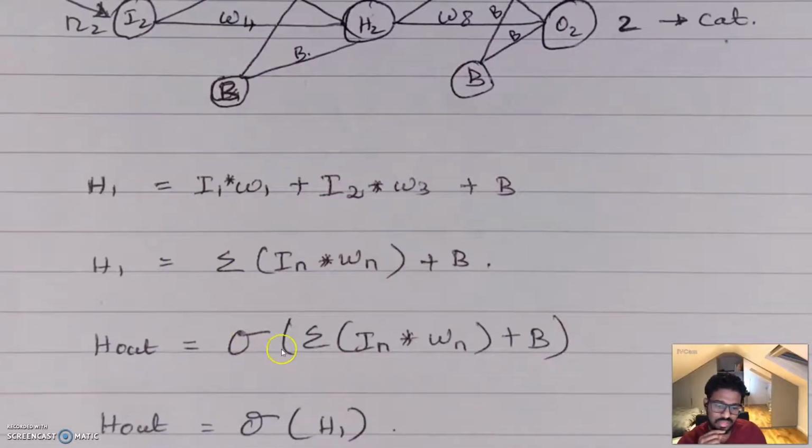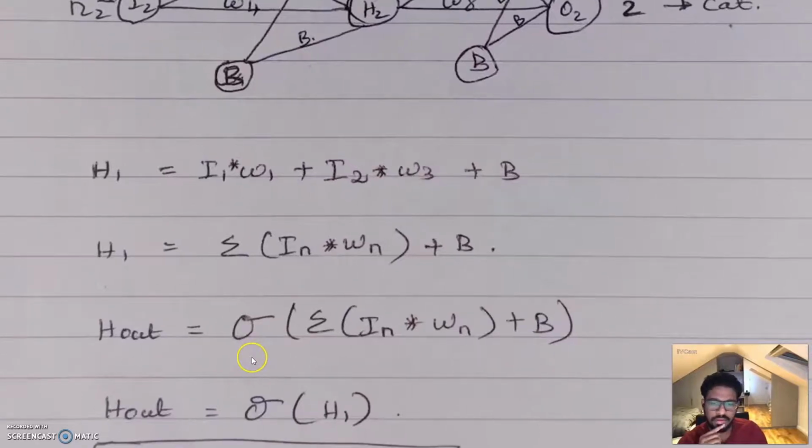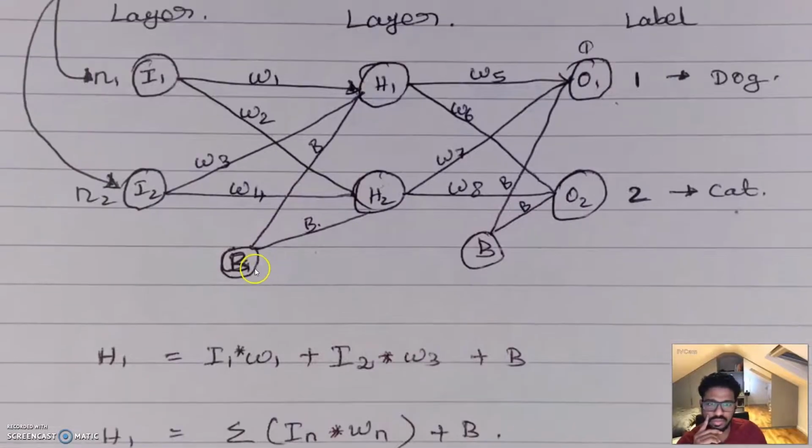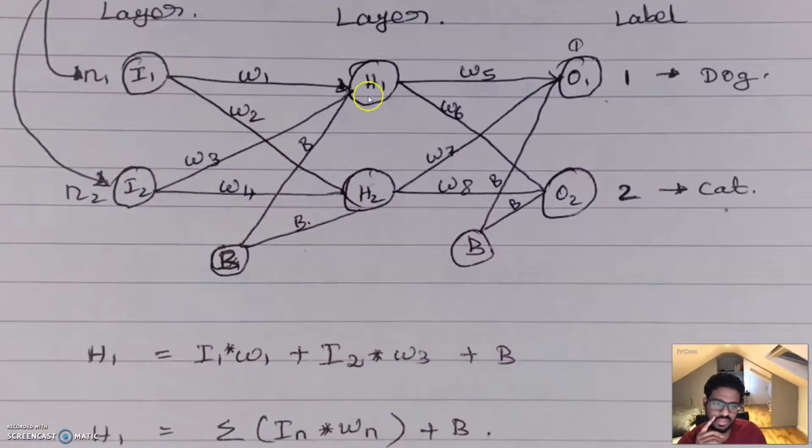Here we are using the sigmoid function as an activation function. The activation actually triggers this neuron to activate the other layer's neurons. So what is activation? Activation is nothing but this neuron getting a value just above 0.